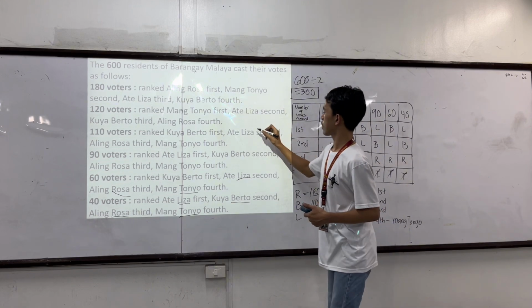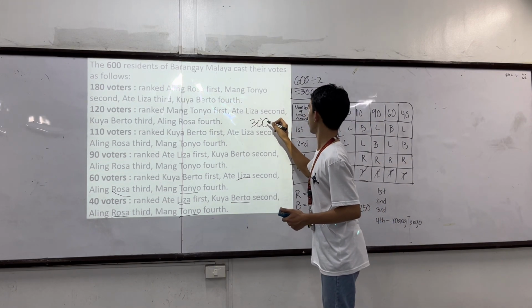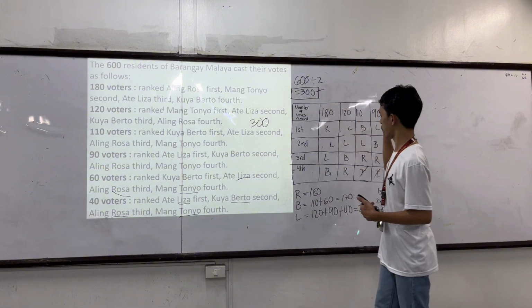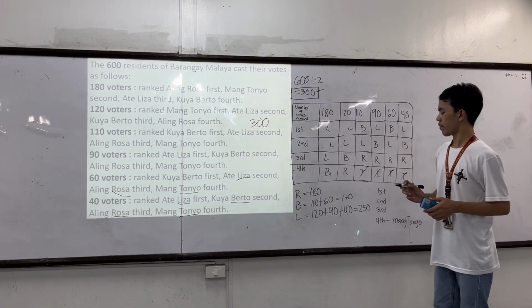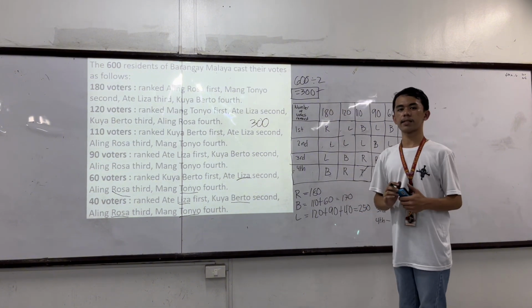So no one got the 300 majority. So next, the fewest is Kuya Berto.